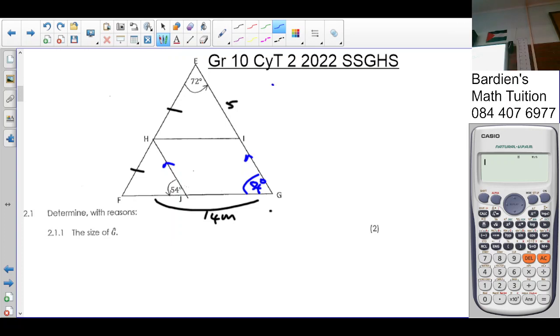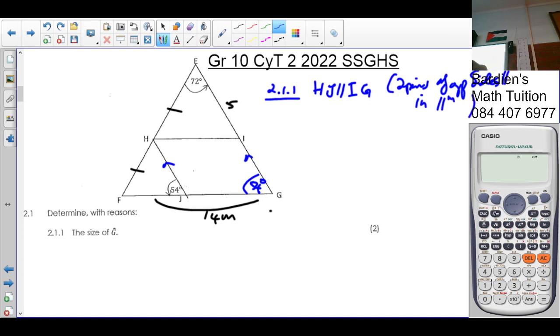So we're going to say that HJ is parallel to IG. Why is that the case? Because two pairs of opposite sides are parallel in a parallelogram. Okay, there's one more thing.